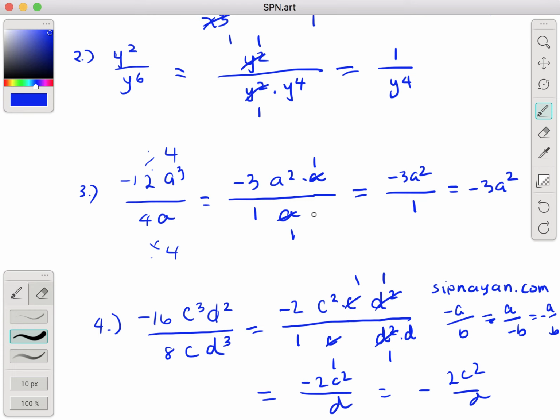Of course, magtuturo tayo ng maraming strategies upang pag maraming terms na, polynomials na, mapadali yung ating pag-solve. Bibigyan ko kayo ng strategy called synthetic division para magamit nyo sa mga pag-solve nyo ng polynomial expressions.